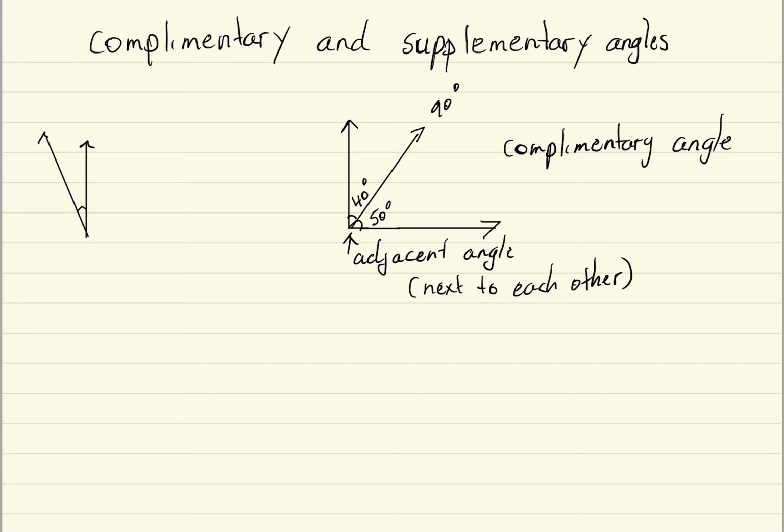So for instance, right here, let's say this angle, let's just call it 45. I know it's not 45 degrees. Let's call it 45 degrees, and then we had another one here, which is also an angle of 45 degrees.